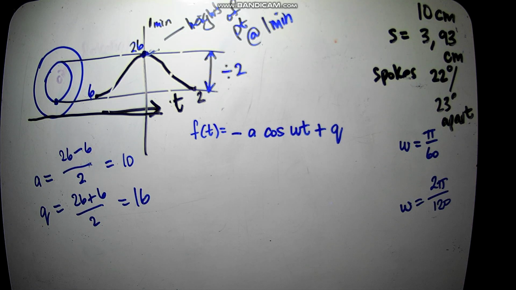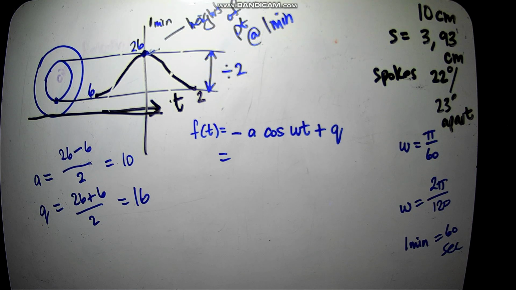We know that ω is equal to π over 60, and tell me how much is our time. Notice time must be in seconds because angular velocity is in radians per second. But we have the time in minutes, and it is 1 minute. So 1 minute is equal to 60 seconds. Let's start substituting into the formula. A is going to be 10, the angular velocity is π over 60, our time has to be 60 seconds, and our q is 16.